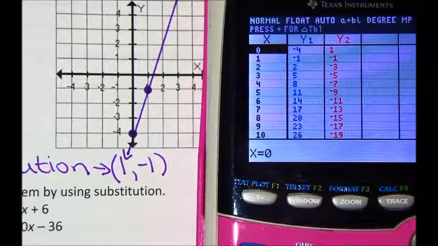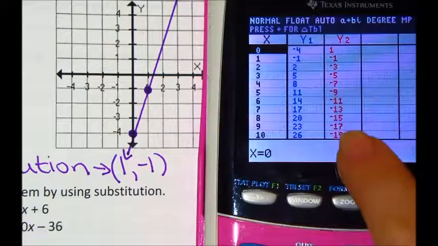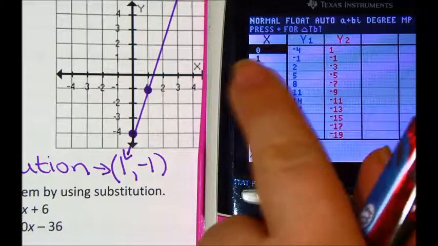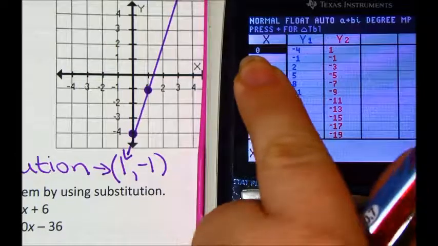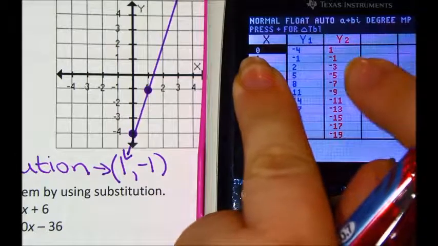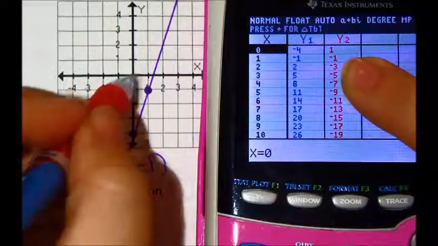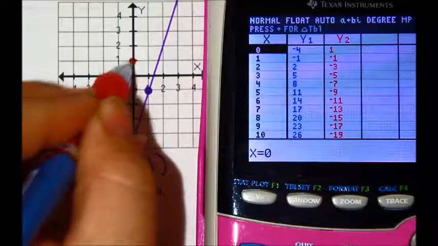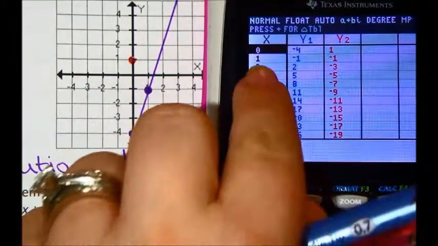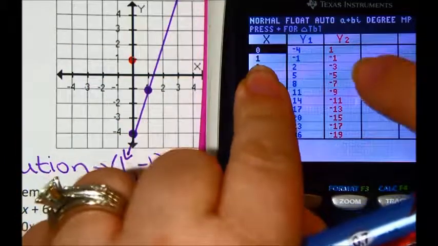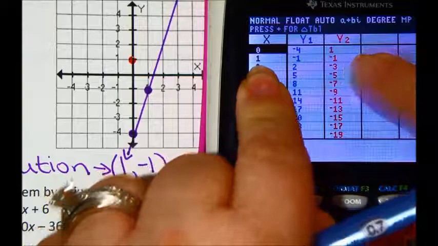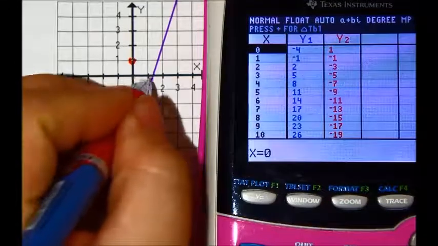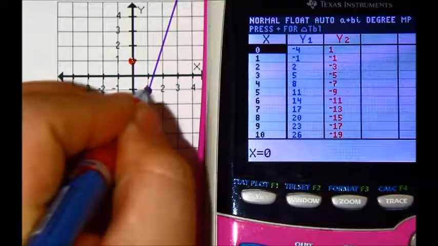The second equation is graphed in red on my calculator. At x is 0, y is at 1, 0, 1. When x is at 1, y is at -1, 1, -1.